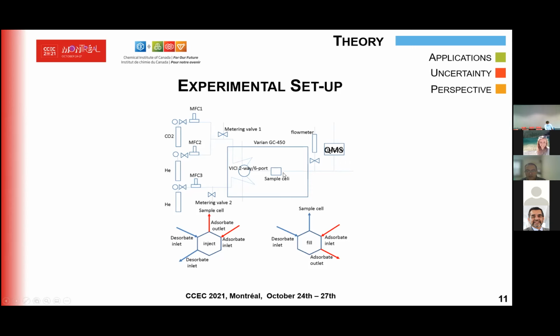Then this goes through the vent, and we also have this mass spectrometer here and the flow meter. Once you are ready for the desorption, you just shift into pure helium, and the flow rates, of course, should be the same.